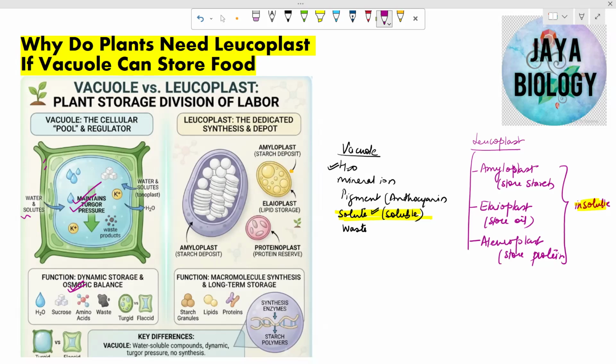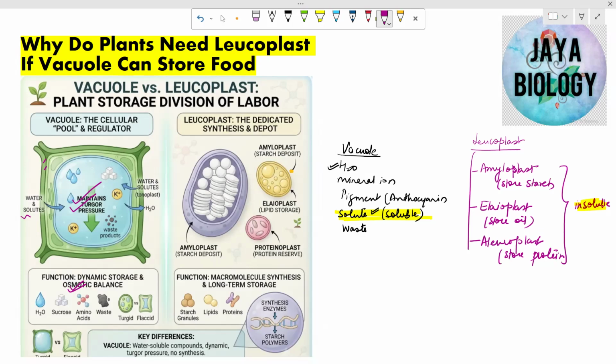So the plant can store a large amount of nutrients without disturbing the osmotic balance. You will generally find leucoplasts in storage tissues like potato tuber, sweet potato root, the endosperm of seeds, and the cotyledon.